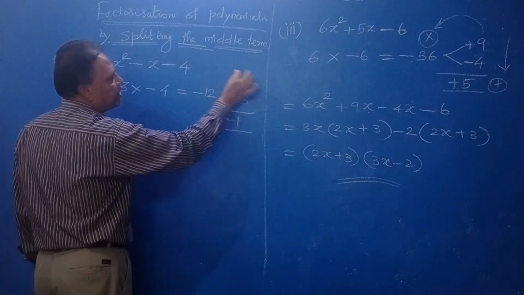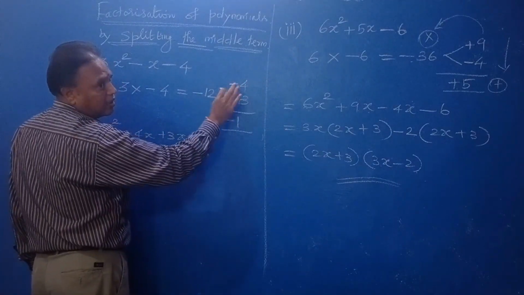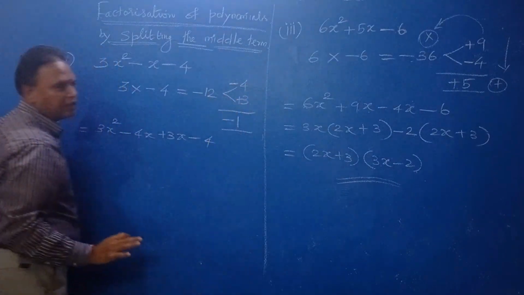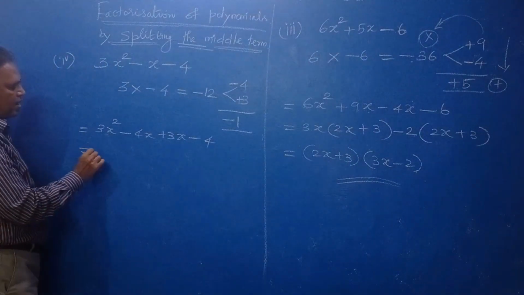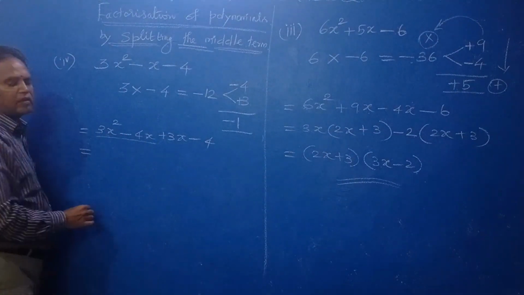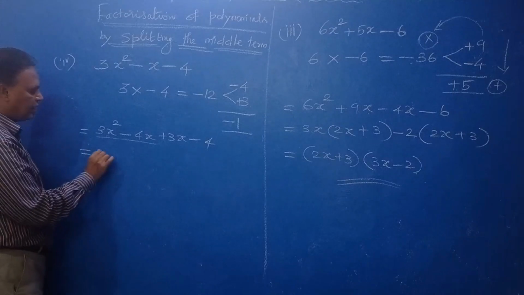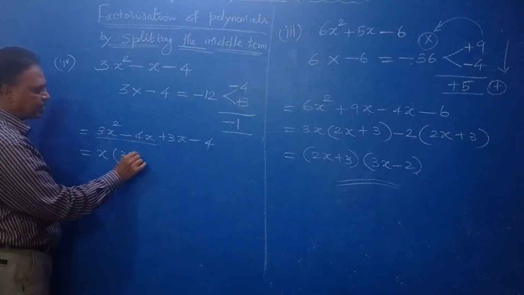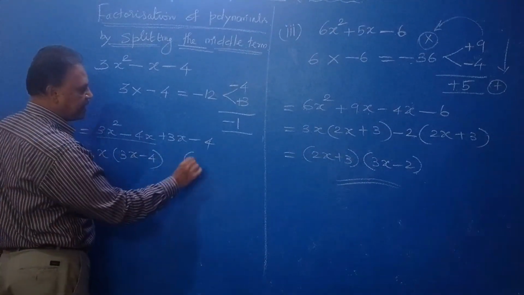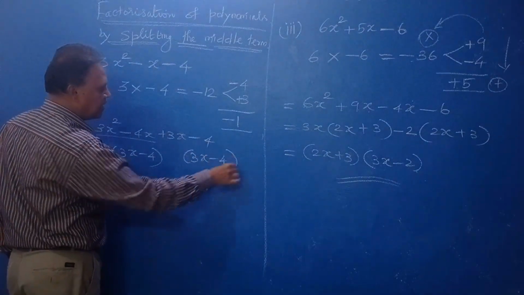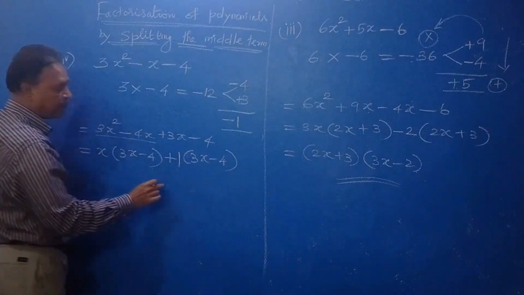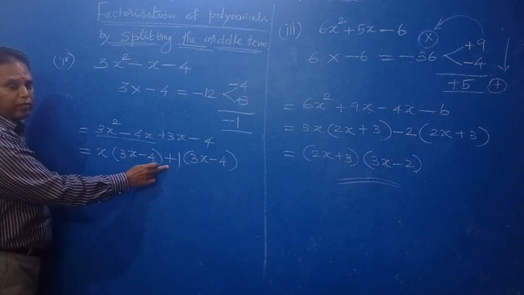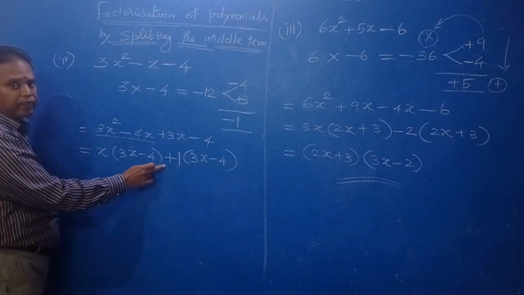Here you don't write x and all. Here only the number you have to write. Then only it will be easy. Now here what is common? In both the terms x is common. So x you take common, means 3x minus 4. The same 3x minus 4, write it here. Here you give plus 1. Sign is very important. Okay. Plus 1 you have to write.